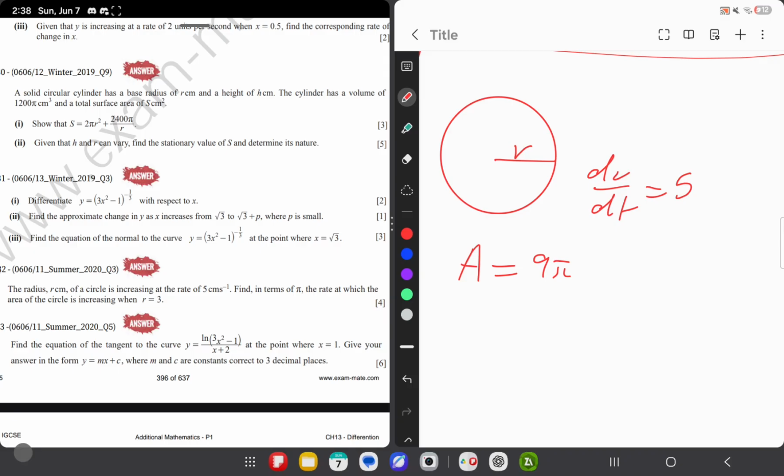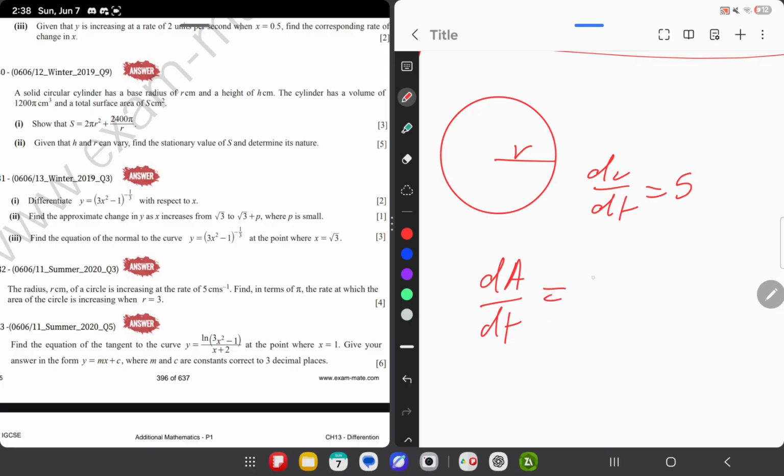We know A of 3 is equal to 9 pi. But what do we need to find? What do we want to find? dA over dt. It's actually asking us to find this.